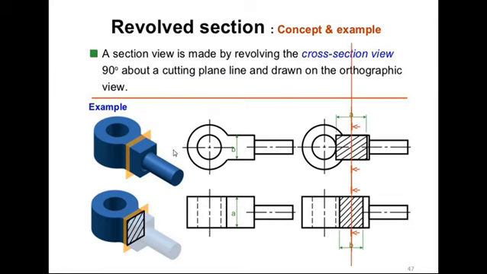Okay, so in this view we want to understand, when you take a cut view, cut here, we have taken a revolved section, and when you take the revolved section here, it is a square one. So we want to show this square one on this view.